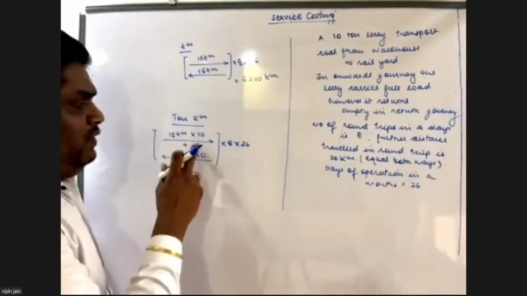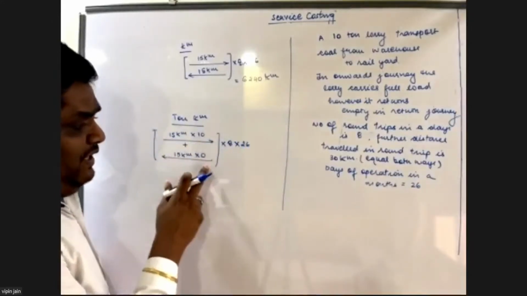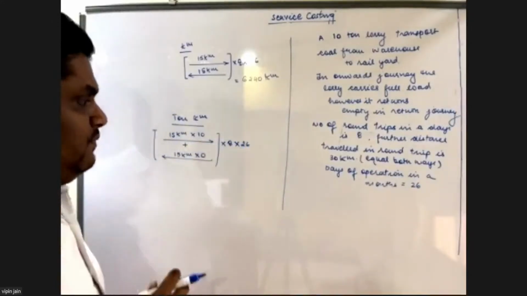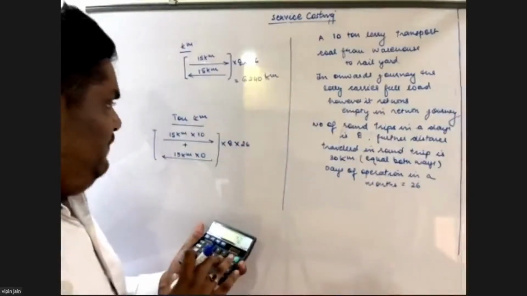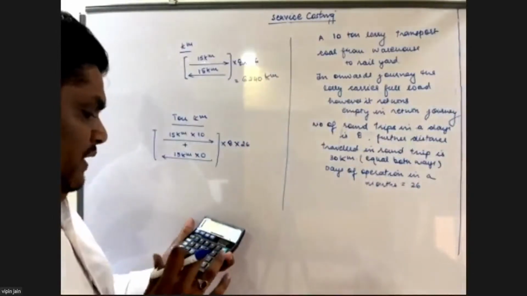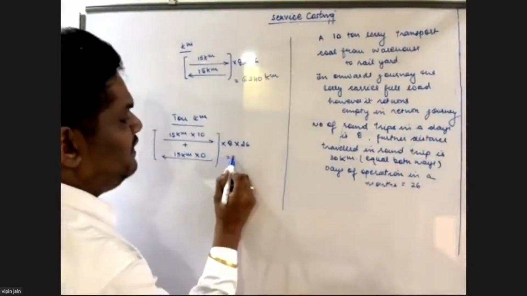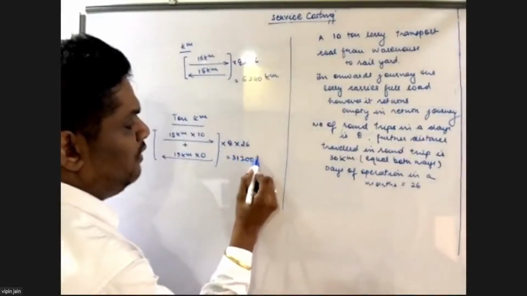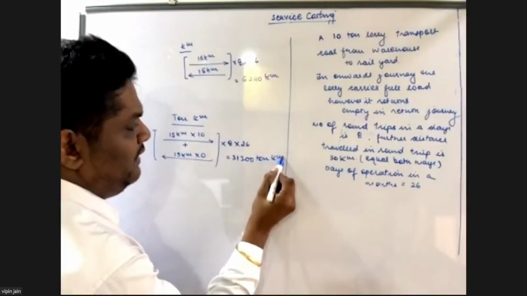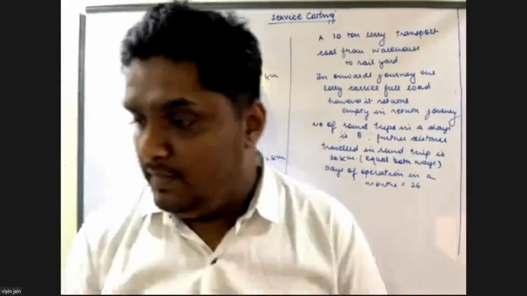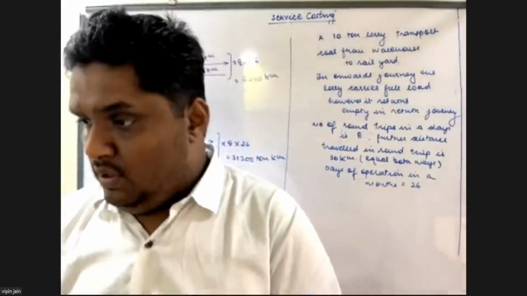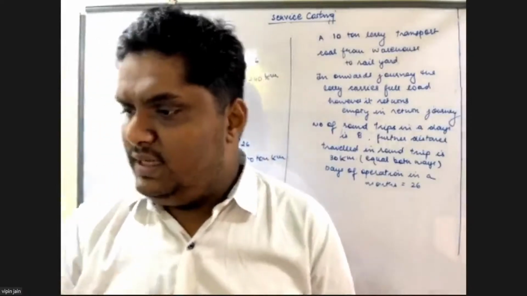So here 15 into 10, 150, plus 15 into 0, 0. So 150 into 8 into 26. So 31,200 ton kilometer is the correct answer.